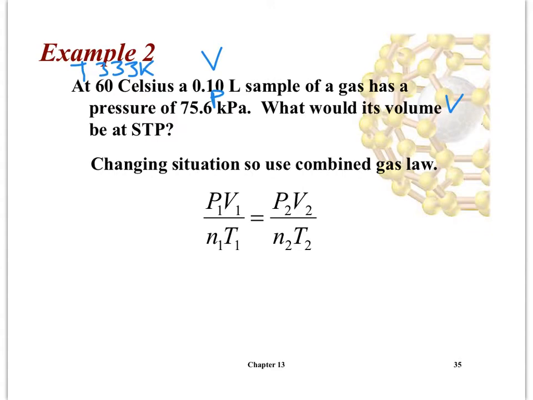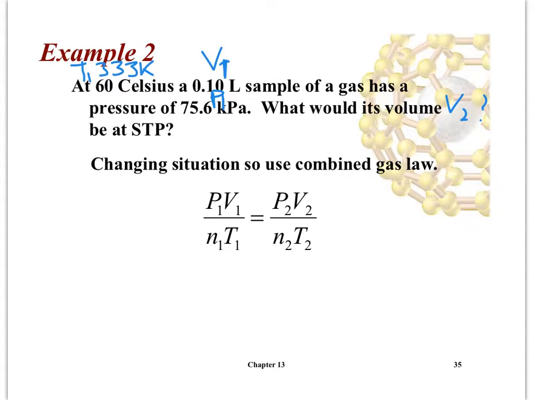So that means I have changing conditions. So I can go back and label this as T1. This is V1, and this is P1, and then V2 is what I'm solving for, and then it says STP. STP stands for standard temperature and pressure. Whenever you see standard temperature and pressure, write down what those numbers are.